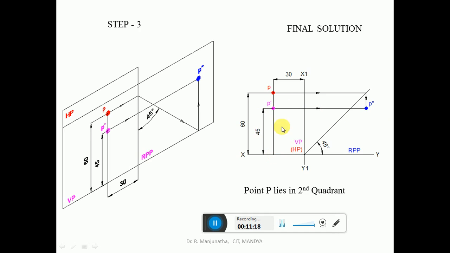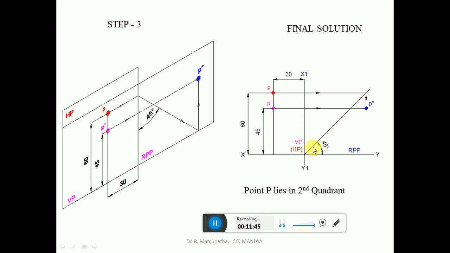Then the distance behind VP, which is vertical here, has to become horizontal here. So draw a 45-degree line adjacent to HP, because we need to project the top view point onto that. The top view, which is vertical in the HP, when it is transferred to the profile plane, has to become horizontal.